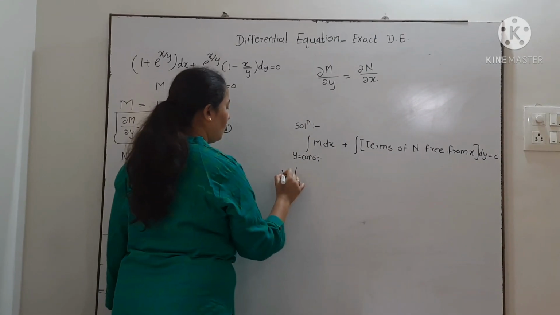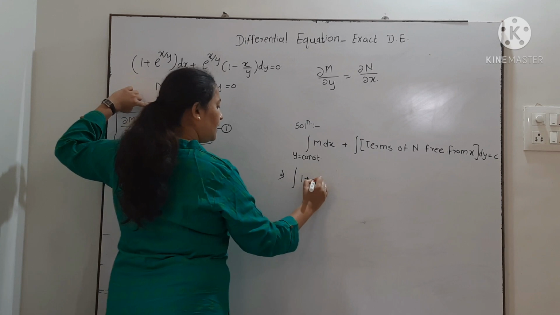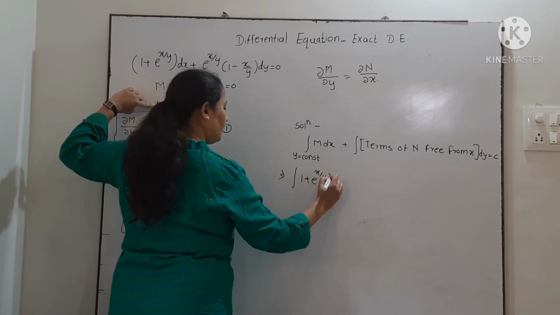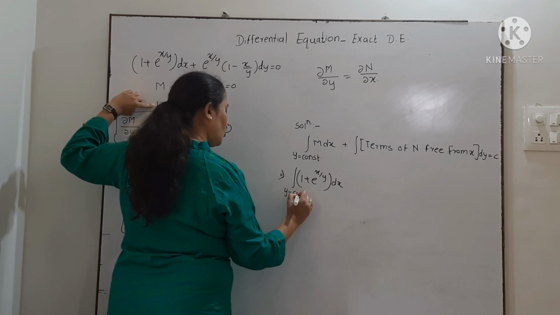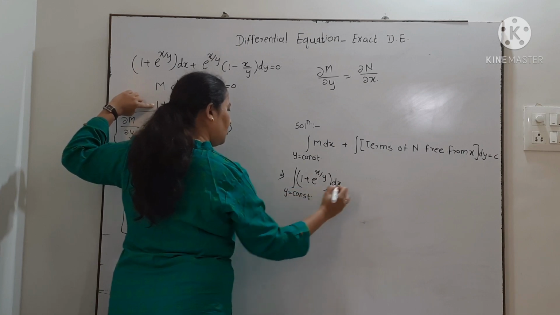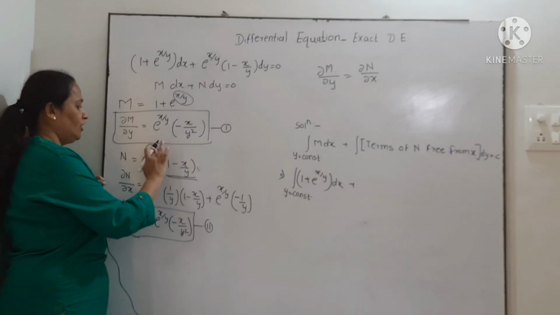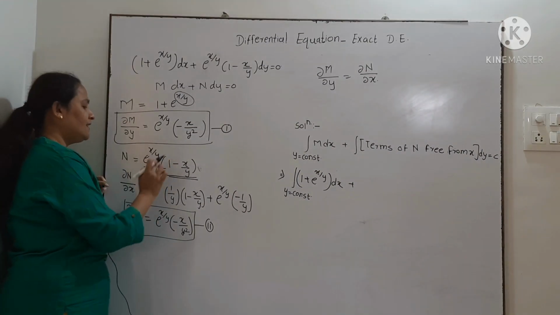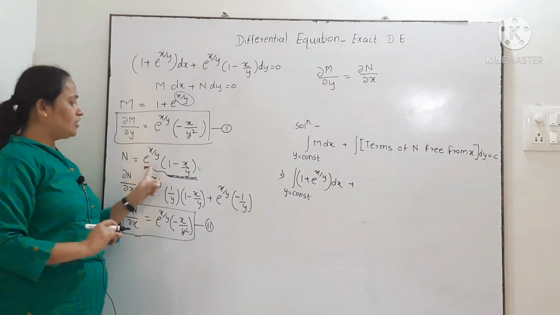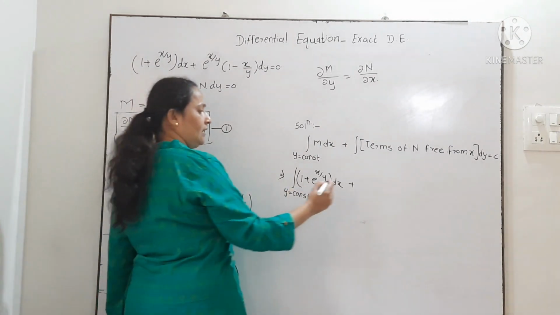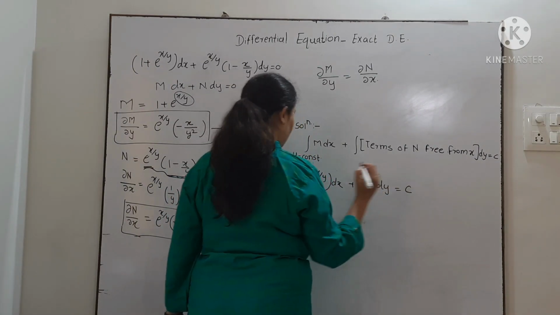So integral of M, what is value of M? M is equal to 1 plus e raised to x upon y, dx. You have to treat y as constant, plus in terms of N, this is N. Now if you observe this N, is there any term which is free from x? There is no term which is free from x. So it is integral of 0 dy equal to c.